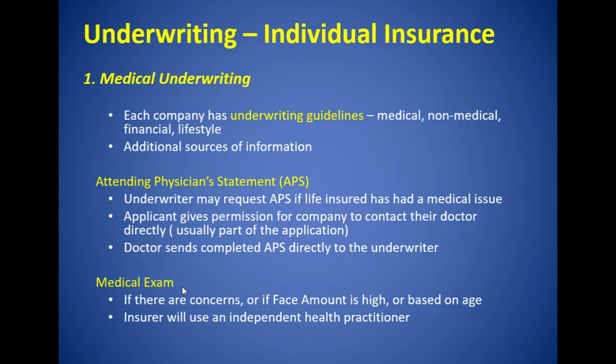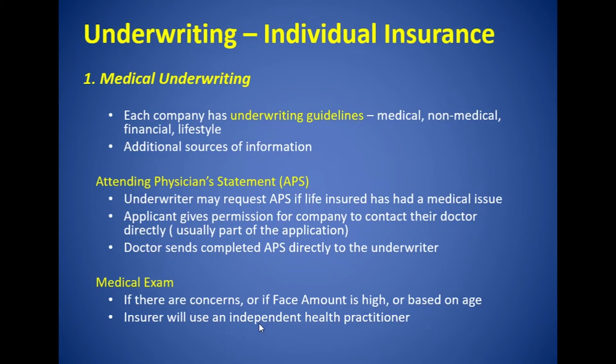Medical exam. There may be, in the process, if something has been uncovered in the underwriting process, or if the face amount is quite high, or if the person is older, the underwriter may require a medical exam. So they want the applicant or the life to be insured to go and visit a medical practitioner.